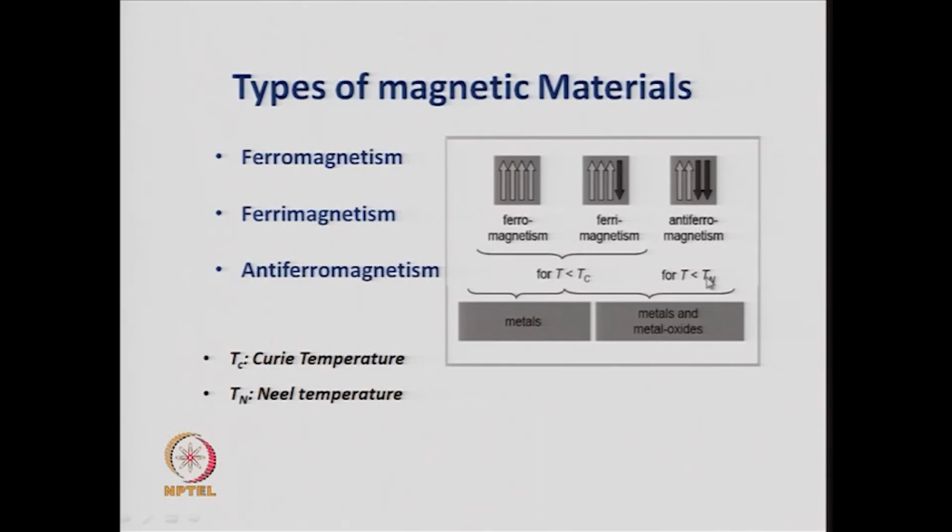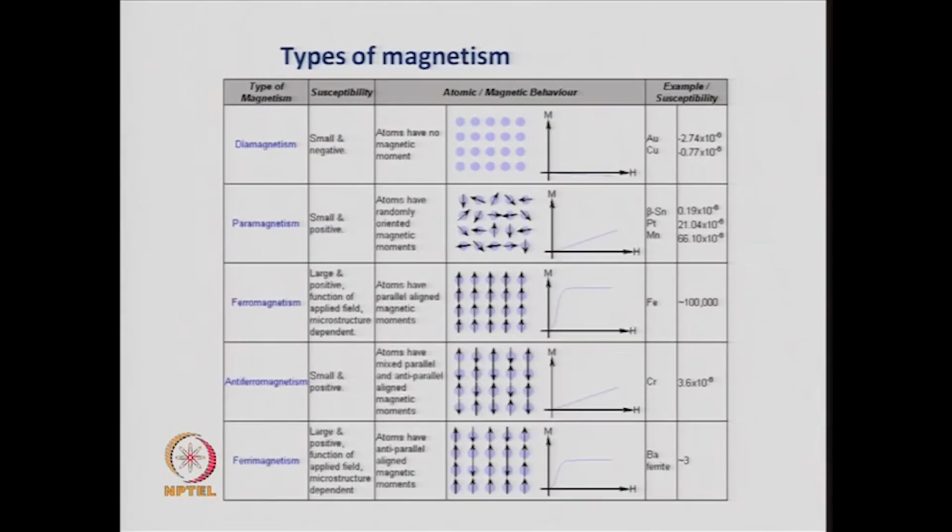And for antiferromagnets, the ordering exists below the Néel temperature. Above their Curie temperature or Néel temperature, they will be paramagnets, and they will have disordered moments like this. Only below a certain temperature will these moments get aligned like this.